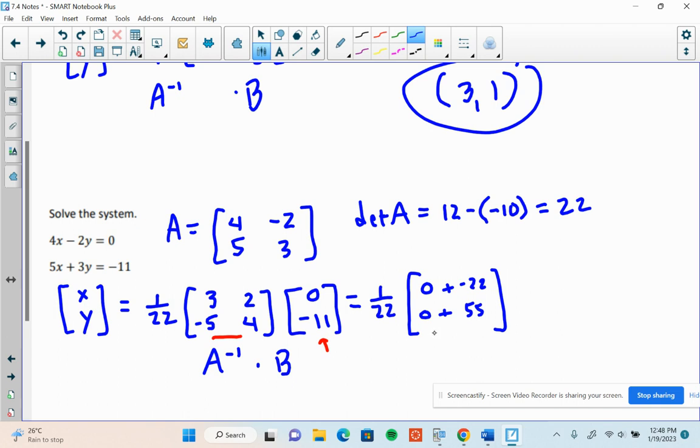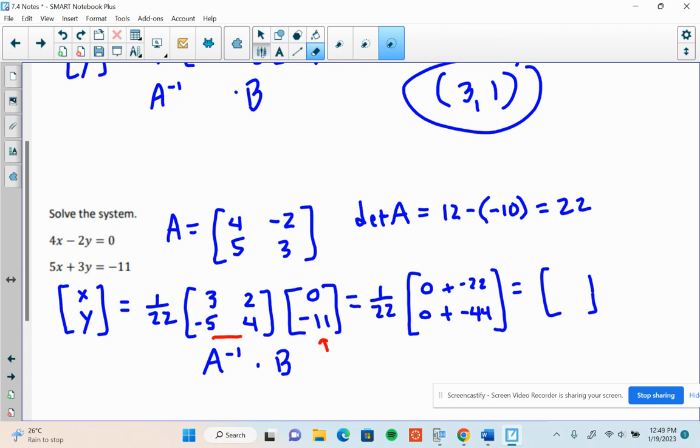Oops. I forgot to move across the row, didn't I? So negative 5 times 0 plus 4 times negative 11. That's negative 44. Okay, now what do I have? I have negative 22 divided by 22, because multiplying by 1 over 22 is the same as dividing by 22.